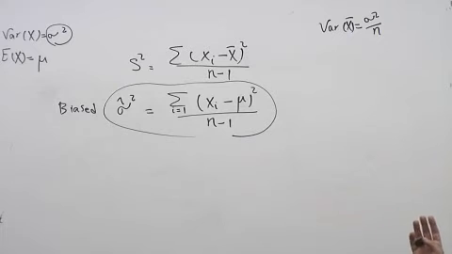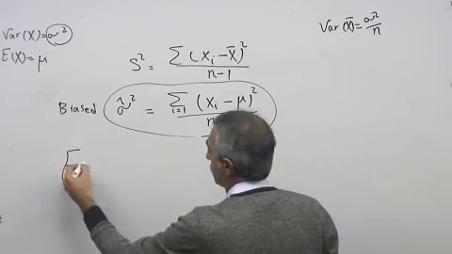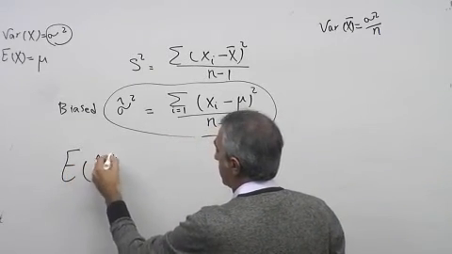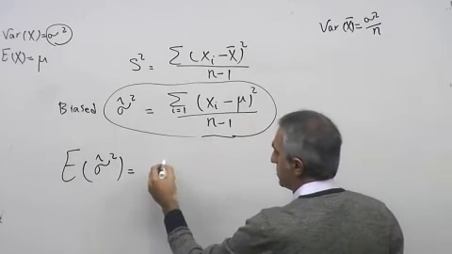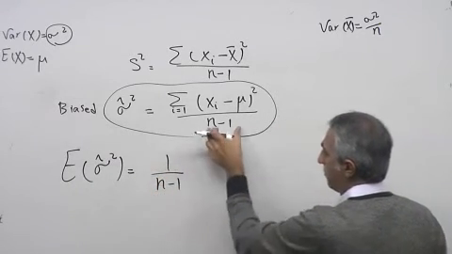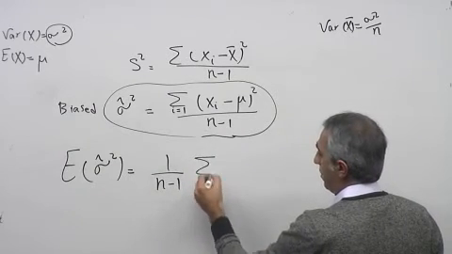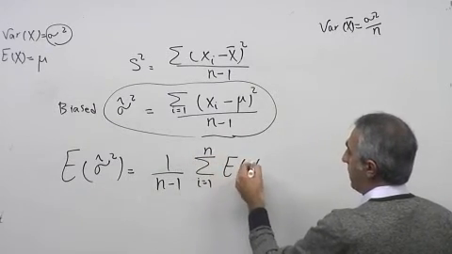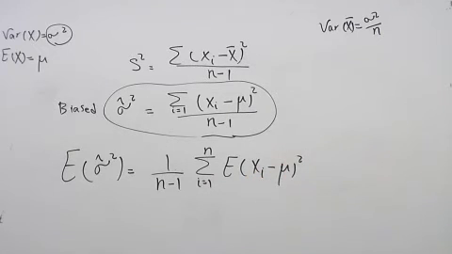Okay? So now, let's see. I want to calculate the expected value of this estimator, which has 1 over n minus 1 as a constant, so the expected value of this guy.